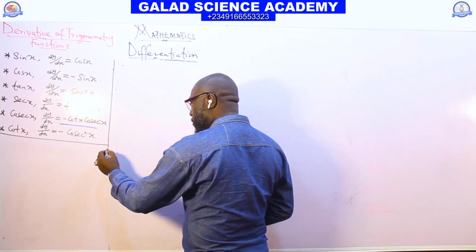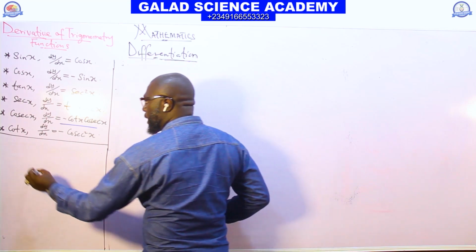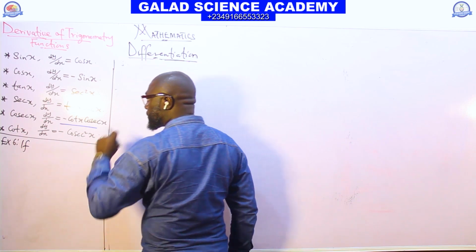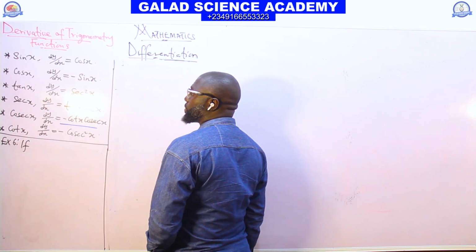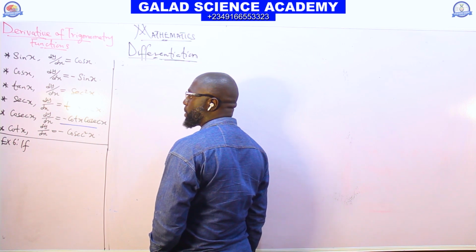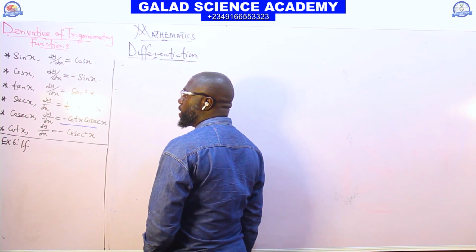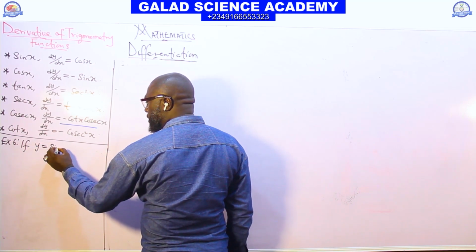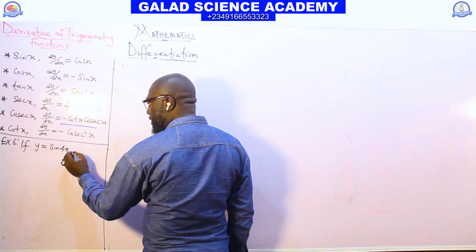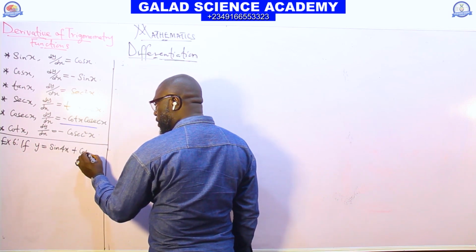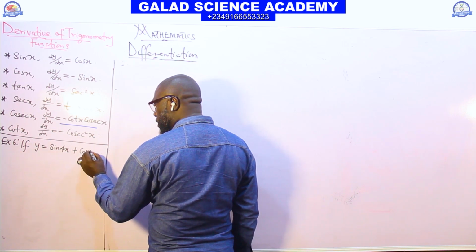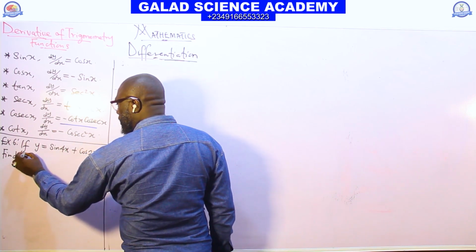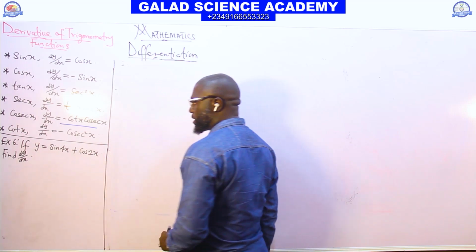Example 6. If y equals sine 4x plus cos 2x, you are now asked to find dy/dx.